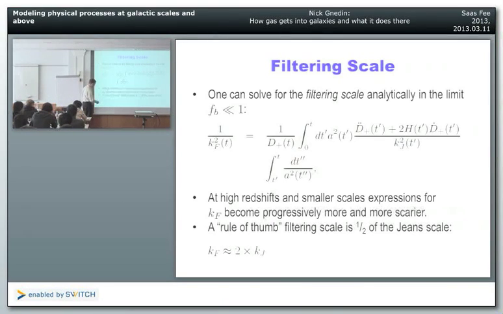And again, this is not an exact relationship, this is just a rule of thumb, because strictly speaking, the Jeans scale and the filtering scale are related through this integral. And as I said, if you go to the early universe, to redshifts higher than 10, things become much more complicated. This is the simplest relationship between them that you can find in the literature. The most complicated one would take 2 slides to present as an equation.